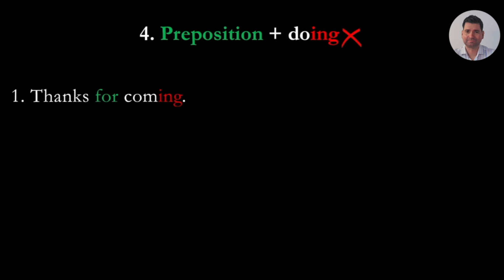Thanks for coming. Most people use the wrong preposition in Spanish, and they also translate coming literally. Let's see how you should translate it. Gracias por venir. So the preposition is not para in this construction. Thanks for. The preposition will always be por. And the verb is not going to be viniendo.